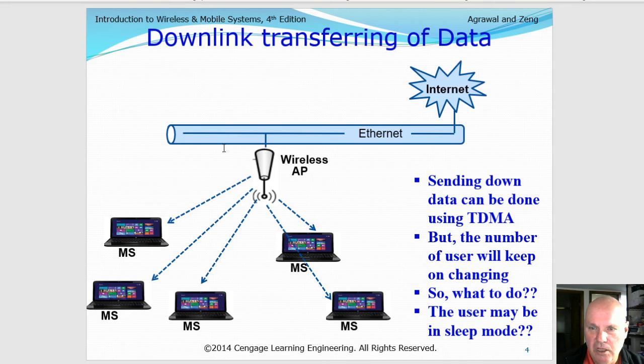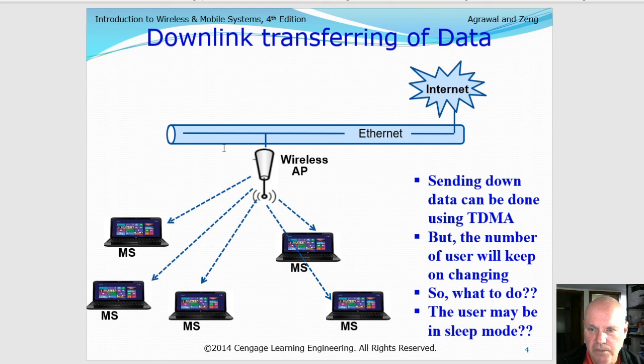The sending can be done essentially with time division multiple access, here on a packet-by-packet basis instead of time division multiplexing done within the packet. But one of the issues is that it's not a fixed number of time slots. The number of users can keep changing as people leave or enter the region served by the access point.